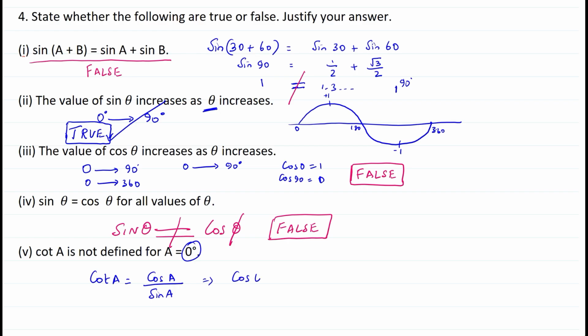Now you put cos 0 divided by sin 0. Cos 0 is 1, sin 0 is 0. 1 by 0, or any number by 0, is infinity. Therefore, it is not defined. Therefore, the answer is true.